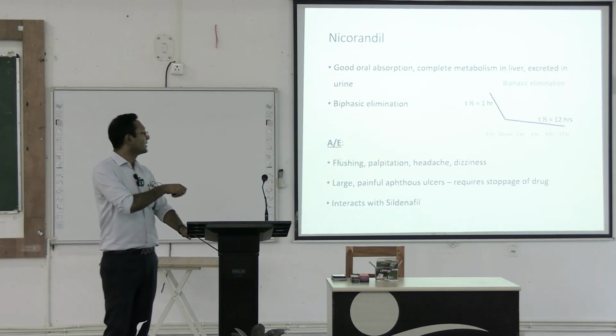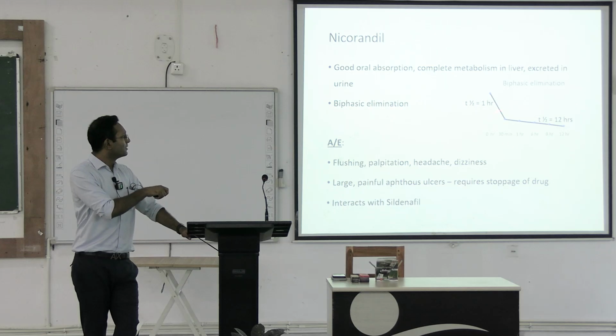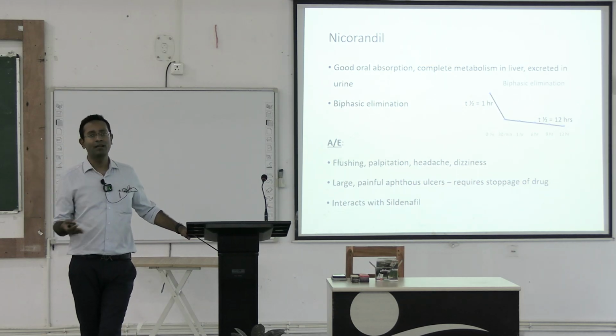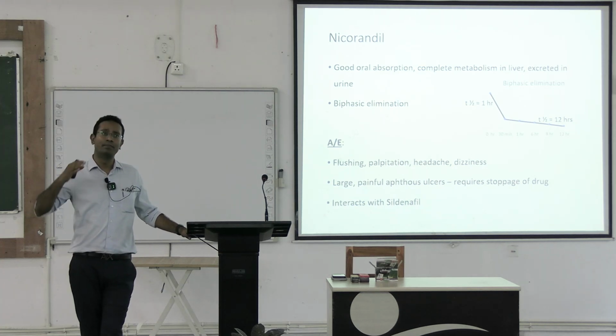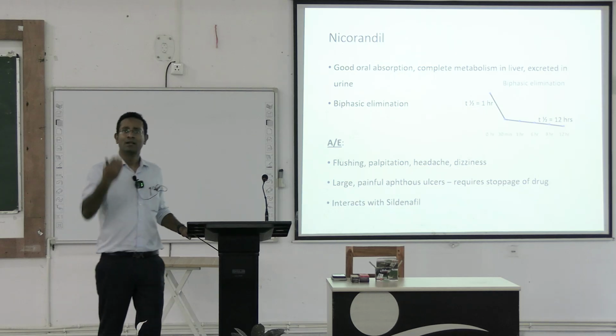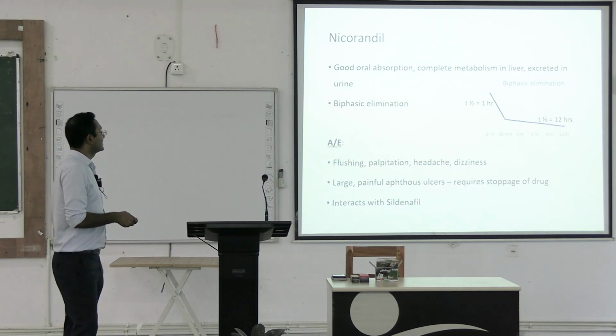Then, when the plasma concentration falls, the T-half is around 12 hours. Slowly it is eliminated from the kidney. So, when the plasma concentration is high, there is rapid elimination, and when the concentration falls, it is slowly excreted.